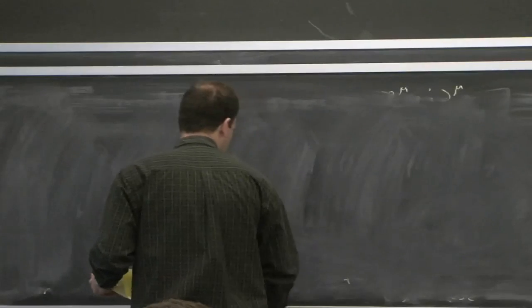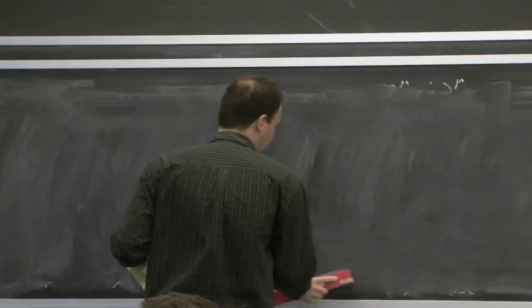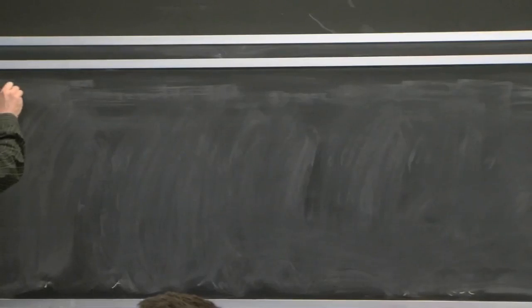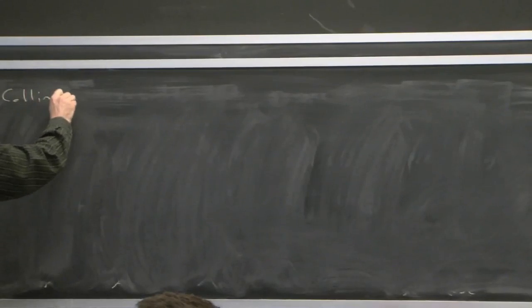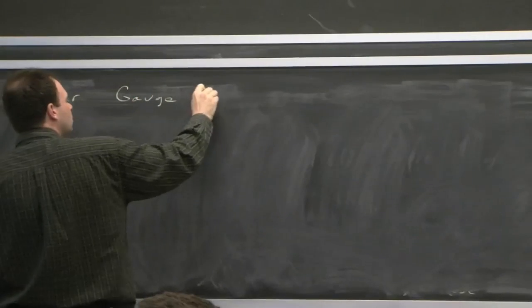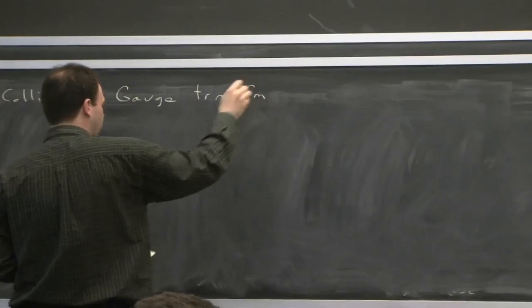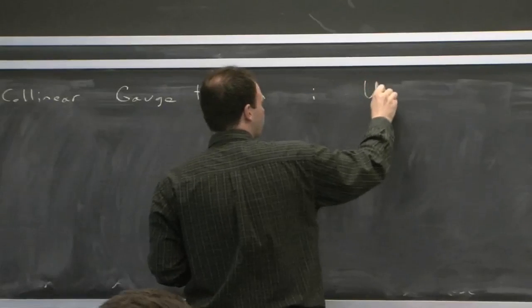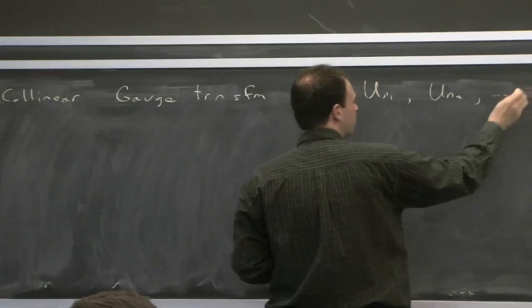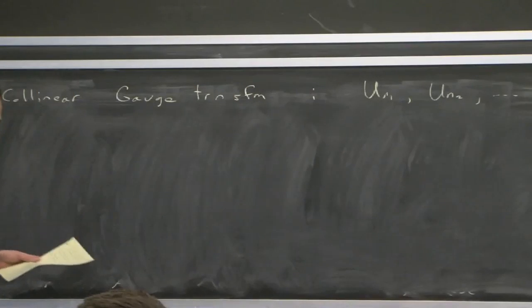And fields won't transform under the other guys. n1 collinear fields won't transform under the n2 gauge transformation, because again, that would spoil the power counting for their momenta. So at some level, it's very intuitive to figure out what the results are. I'm not going to go through it, but suffice it to say that we would have collinear gauge transformations for each collinear guy.